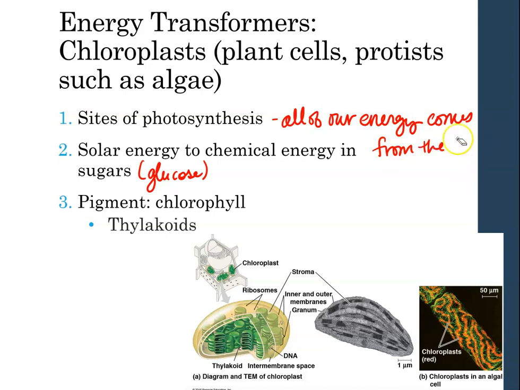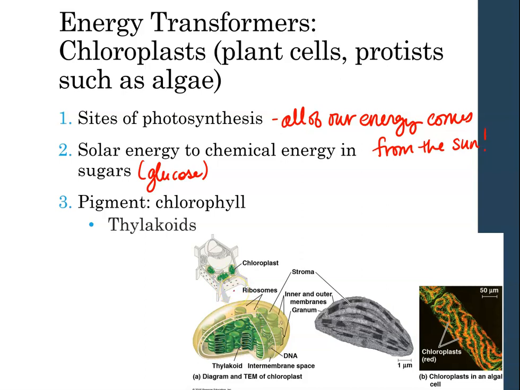Oops, wrong kind of sun. From the sun. And that energy is taken in and converted into a usable form for cells by the chloroplasts. The chloroplast has a pigment in it called chlorophyll that gives it its green color, and the chlorophyll is found all along the inside structures of that chloroplast.